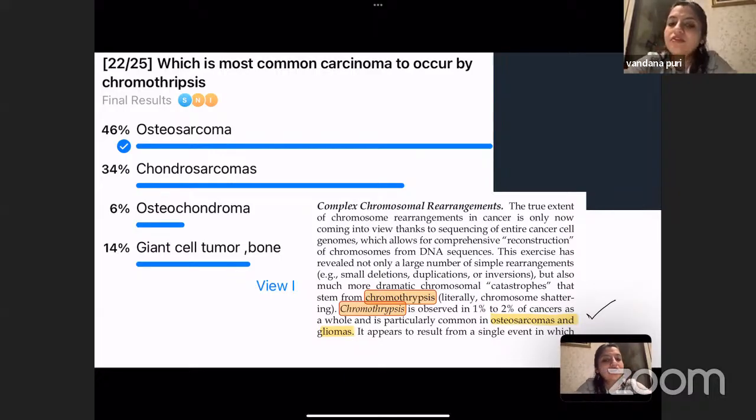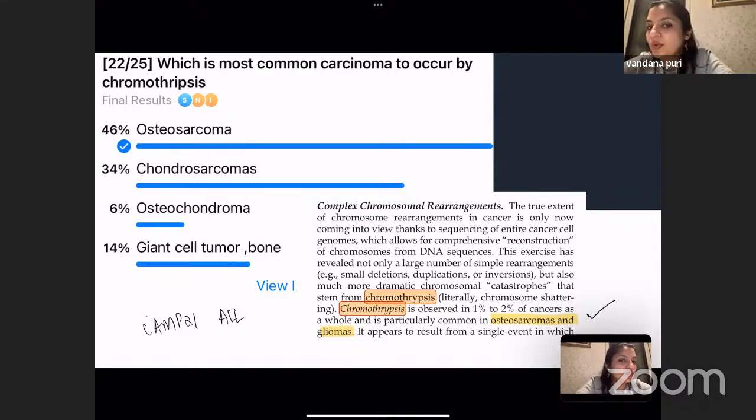Apart from that, there is a very typical type of ALL, when intrachromosomal amplification of chromosome 21 is seen, this is also caused by chromothripsis. So these are 3 common cancers which occur by chromosome shattering: osteosarcoma, glioma, and iAMP21 in ALL. So you should know which cancers are caused by chromothripsis, and they can ask you this as a question.